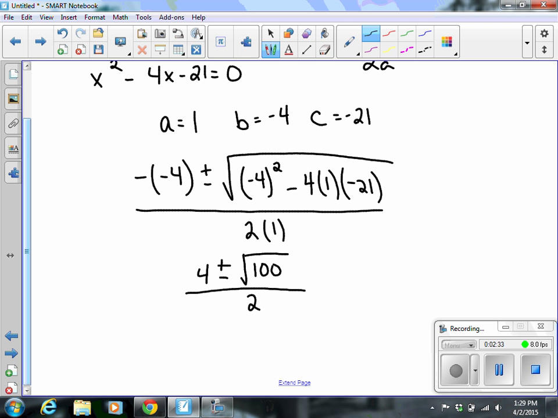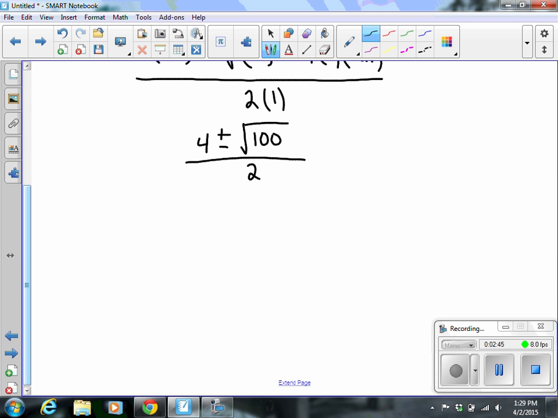So at this point, I need to simplify my square root, whether that's breaking the square root down by simplifying the radical or by actually completing the perfect square. So in our case, we have a perfect square. So I have 4 plus or minus 10 all over 2.